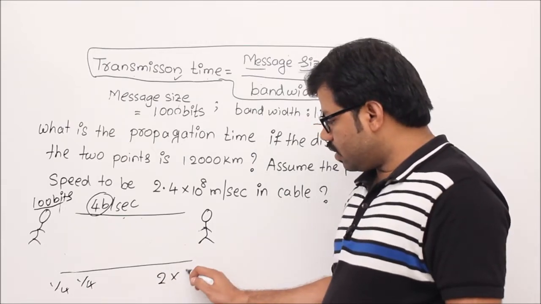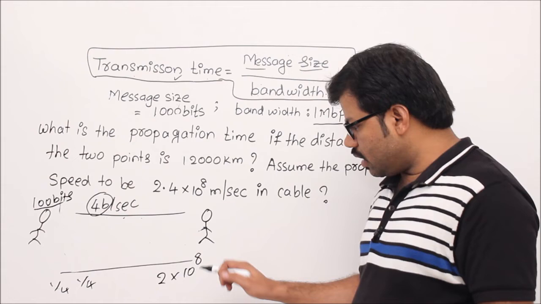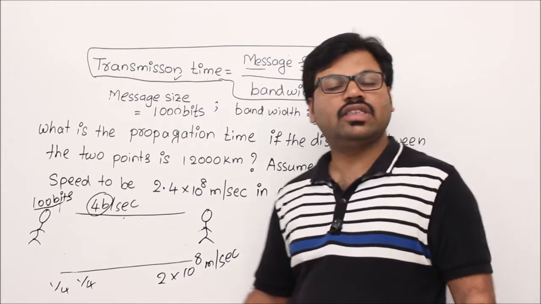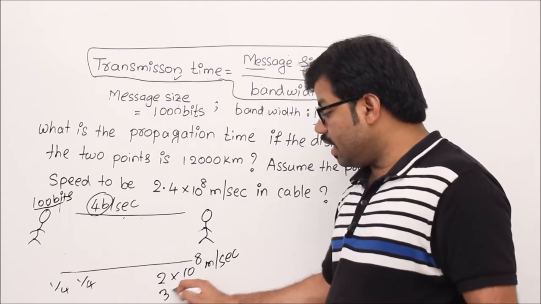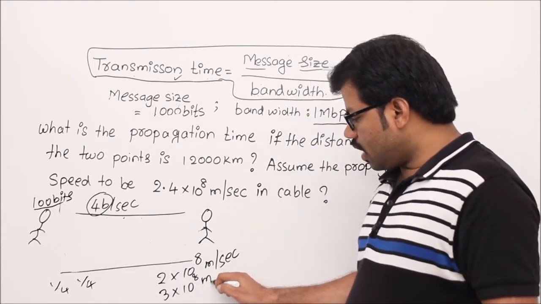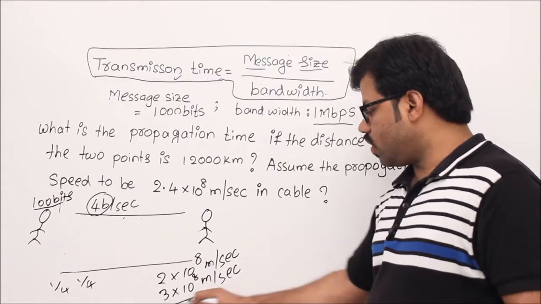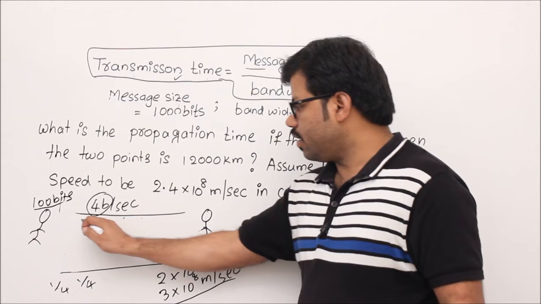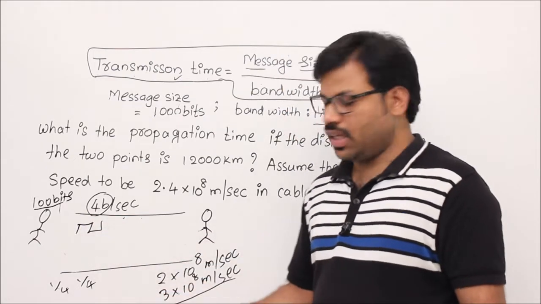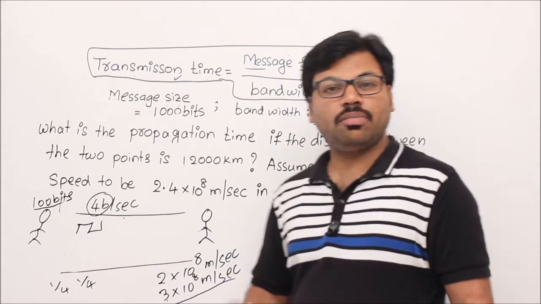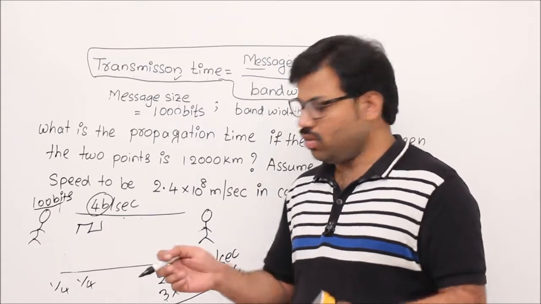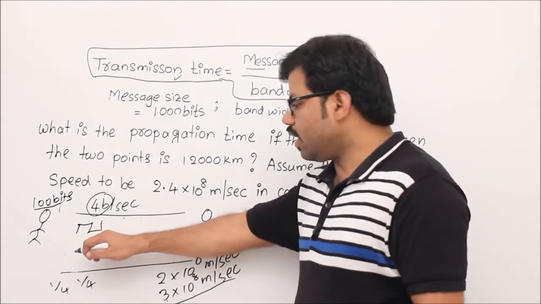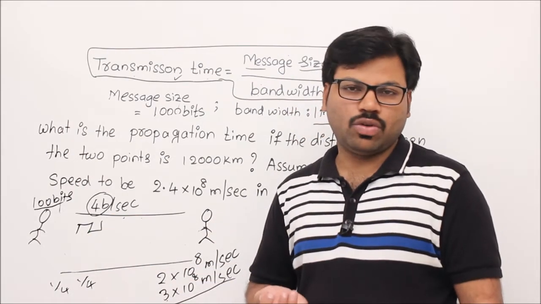Definitely the speed of the signals we usually use in computer networks is 2 into 10 to the power of 8 meters per second, or 3 into 10 to the power of 8 meters per second in the ideal situation. So it's almost the speed of light. Such a signal, after 1 second, will travel 3 into 10 to the power of 8 meters. That means it's almost how many kilometers? Thousands of kilometers, right? So your signal can travel about 1000 kilometers per second.